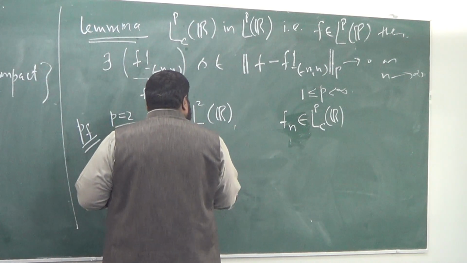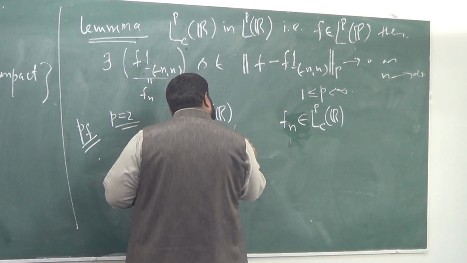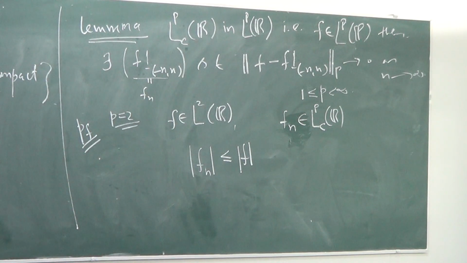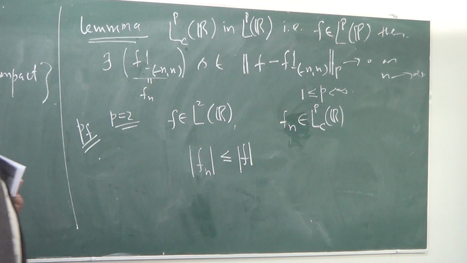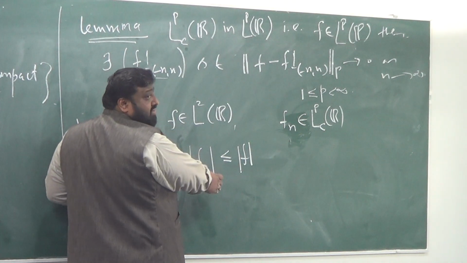In general, it is true that the norm of f_n can be estimated by the norm of f. If this is true, then what? Do you agree that this must be true?